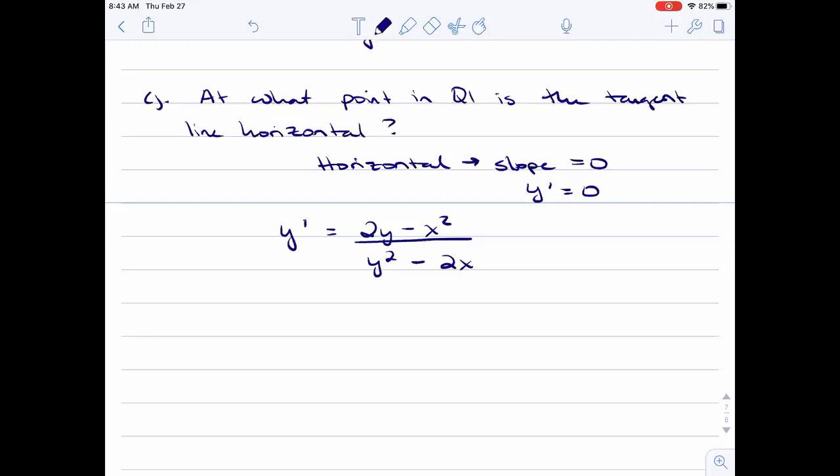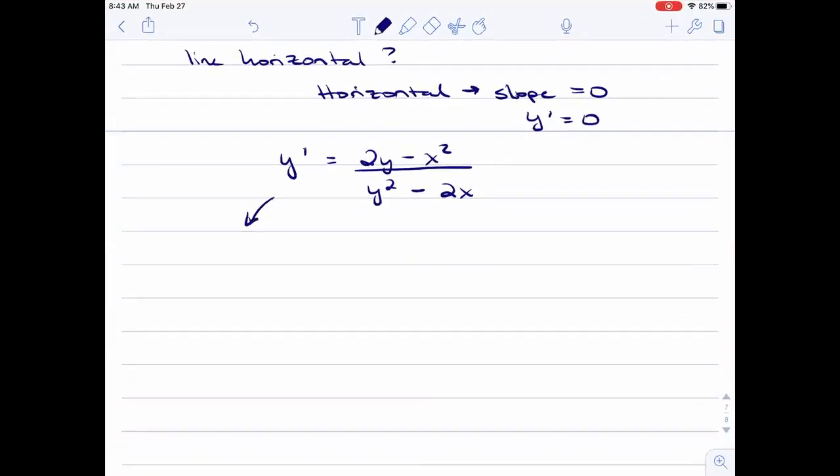So we want to force this to be 0. The denominator can do nothing about it, right? It can never be 0. We can't divide by 0. And so the only thing that can make this 0 is if 2y minus x squared is 0.